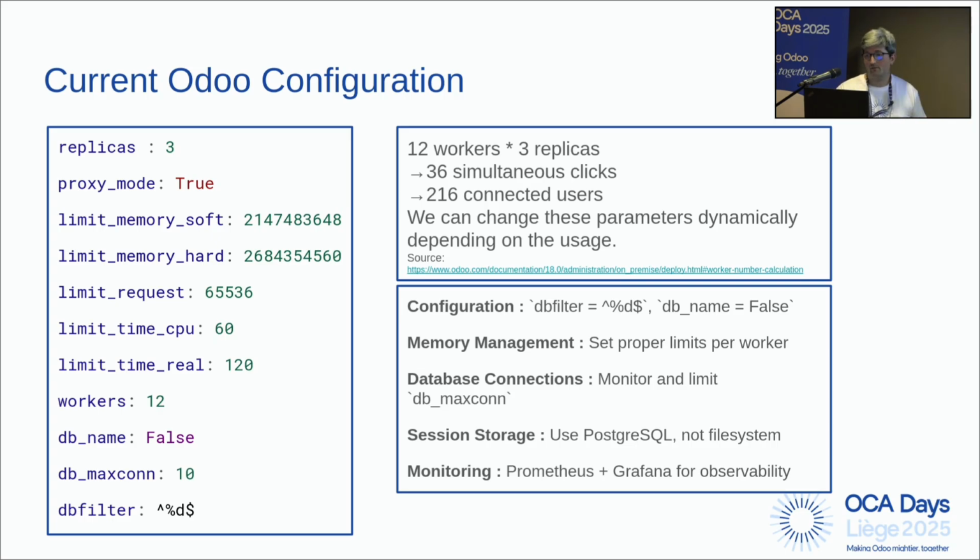We can just adapt these parameters dynamically based on usage patterns. And for that, we use Prometheus and Grafana to monitor the performance across all replicas and identify when we need to scale. So this configuration has served us well in one year of production use, but we are ready if we need to adapt it.